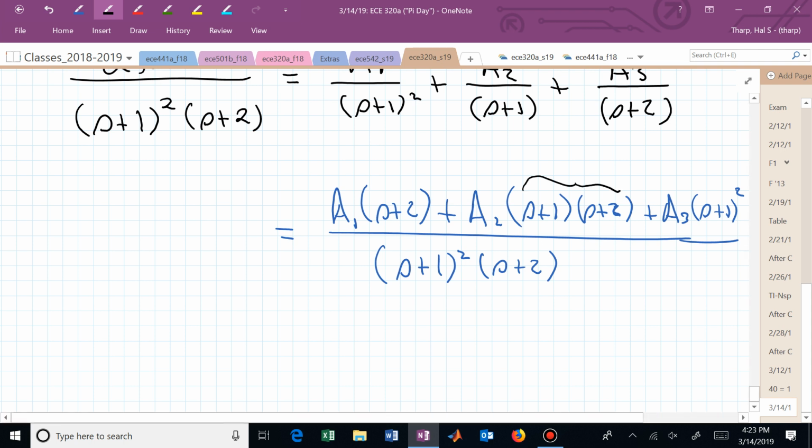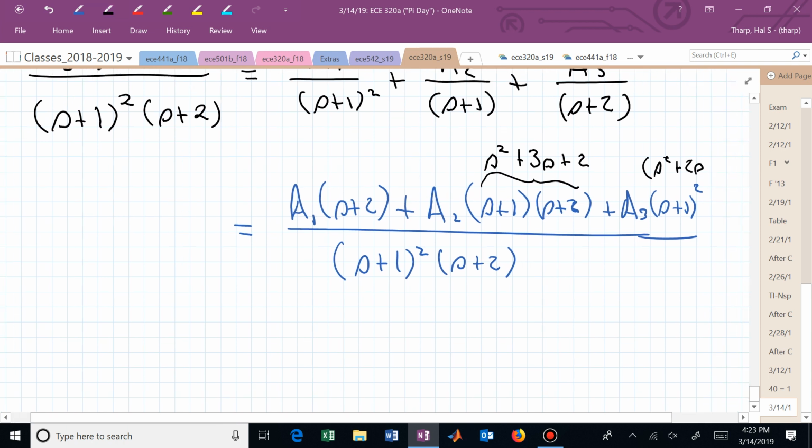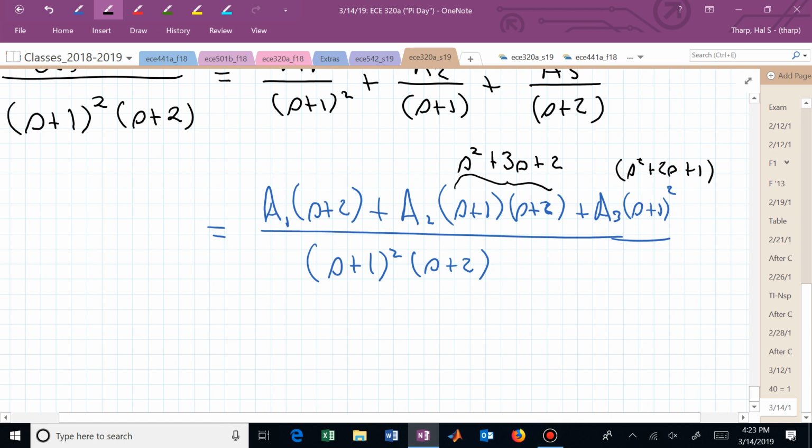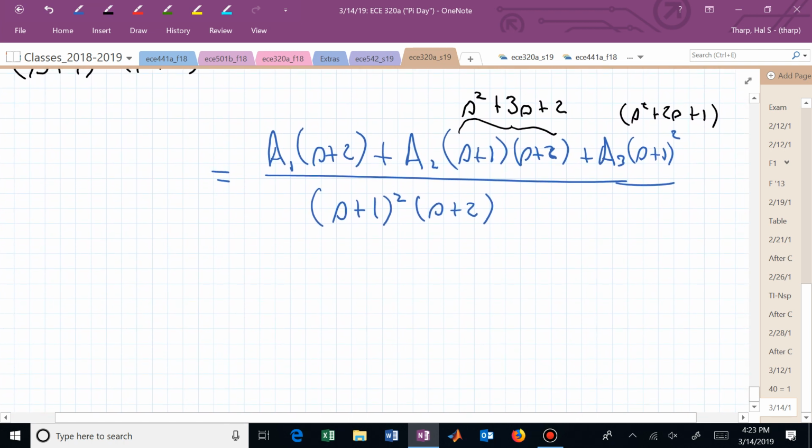This we could multiply out. We have S squared plus 3S plus 2, and this one is now S squared plus 2S plus 1. Or the numerator now becomes, what? We start combining what multiplies S squared on the right-hand side.